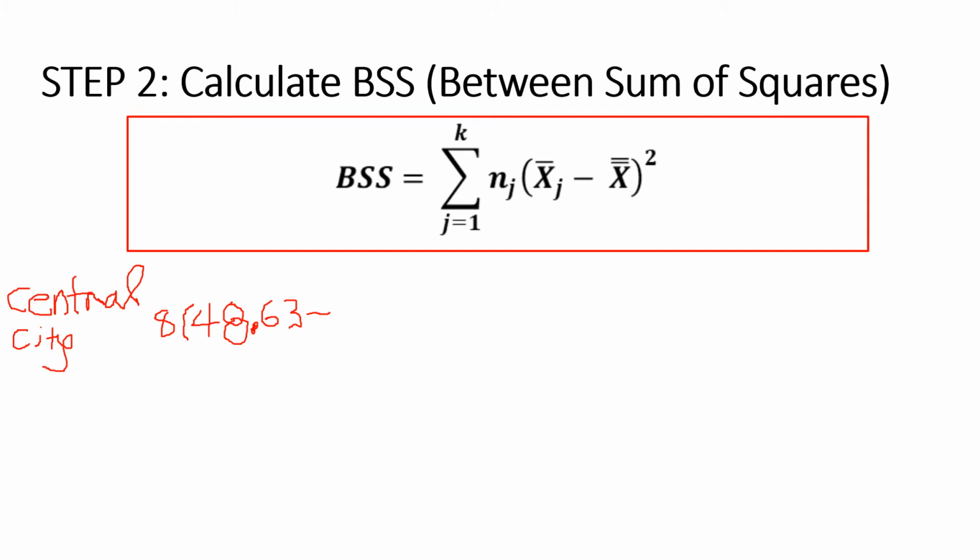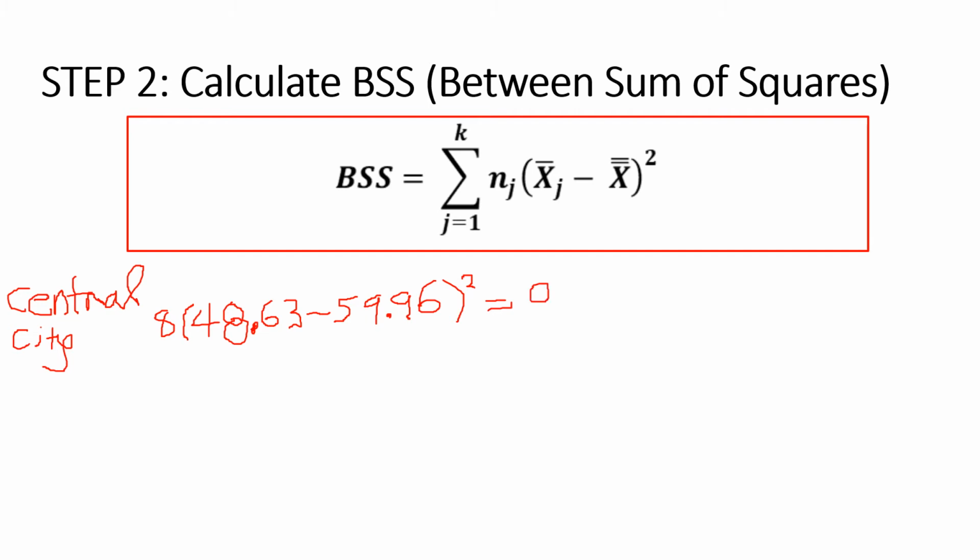It's going to be, and this is the number we'll reuse a couple of times, 59.96. So we subtract this from that, and we square it. 48.63 minus 59.96 gives us negative 11.33.